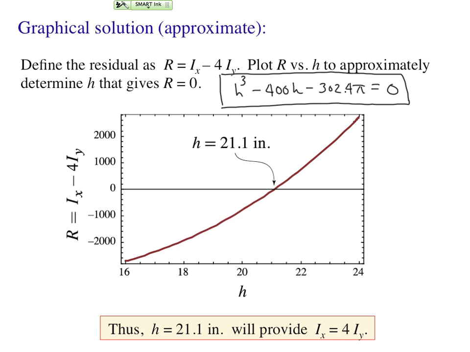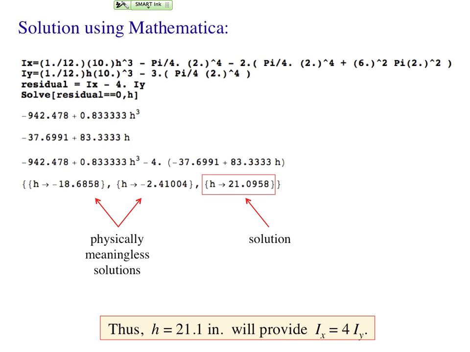To confirm this, you could plug h equals 21.1 inch back into the cubic polynomial and verify that the right-hand side is 0, or more precisely, that the cubic yields a number that's really small relative to the vertical scale in the plot. Alternatively, you could use a software package to find the roots of the cubic. A solution is shown here using Mathematica.